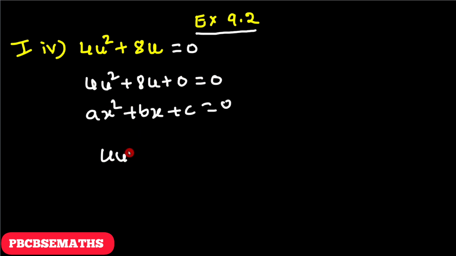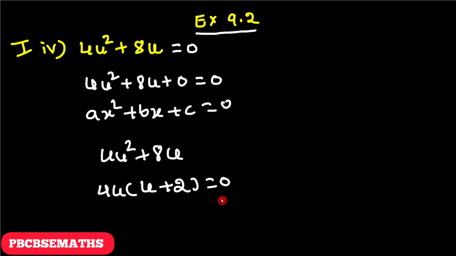So we have 4u square plus 8u. Let's factor out 4u in these two terms. So if I factor out 4u, u remains in the first term, then 2 in the second term equals to 0. Then we can write 4u equals 0 or u plus 2 equals 0.